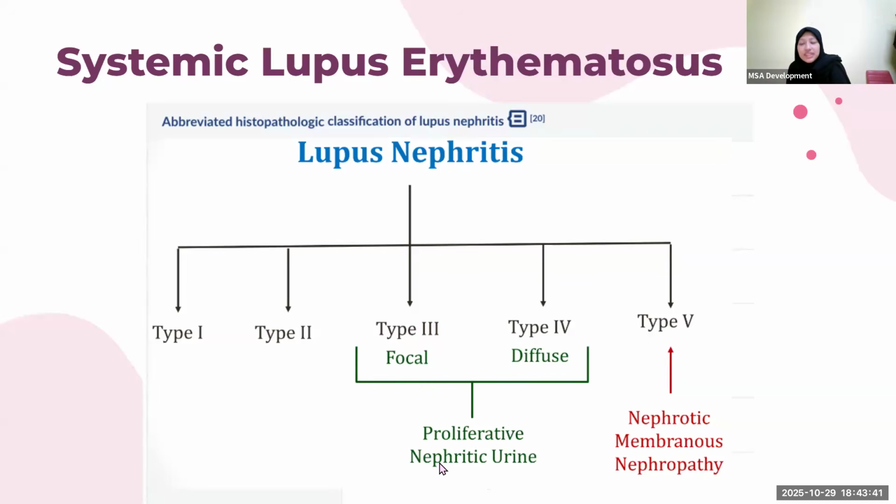So proliferative nephritic urine, inflammation of the capillaries and the basement membrane. 3 is focal, so only a part of the glomerulus is causing the nephritic syndrome. 4 is diffuse, the whole glomerulus causing the symptoms. Type 5 is the membranous, the high risk patient for membranous. So nephrotic syndrome is here. So SLE is a mix of both. You can put it under both when you make the table, just because it has different types. Okay.